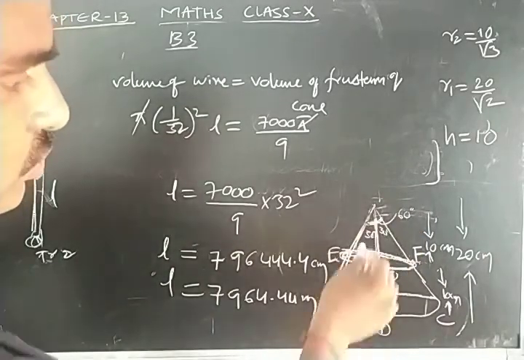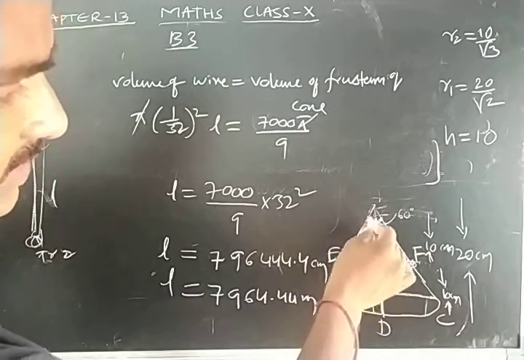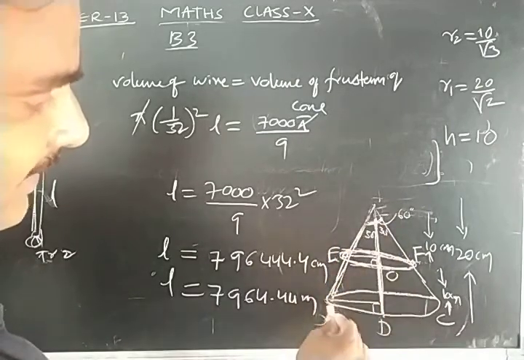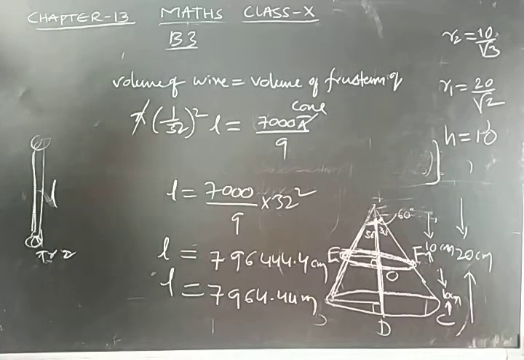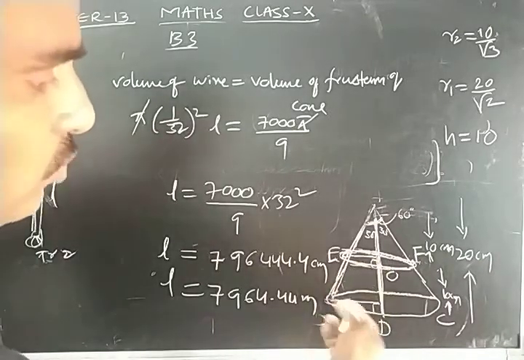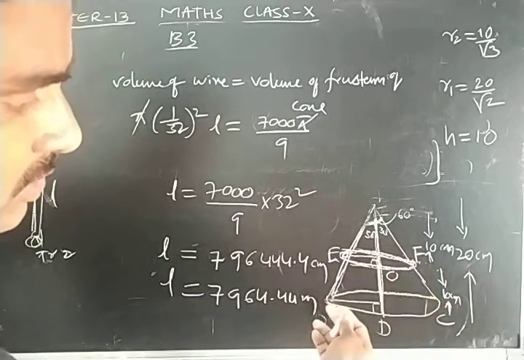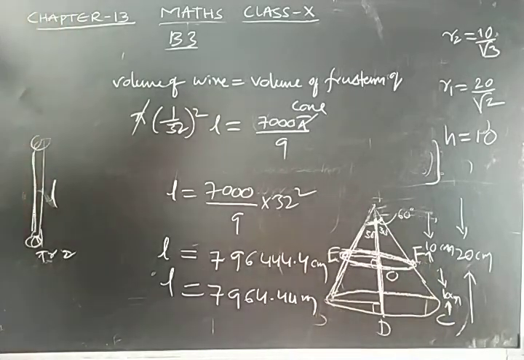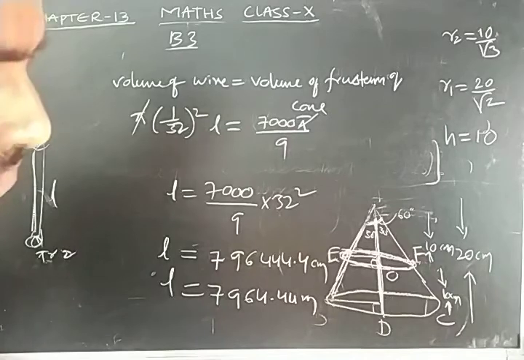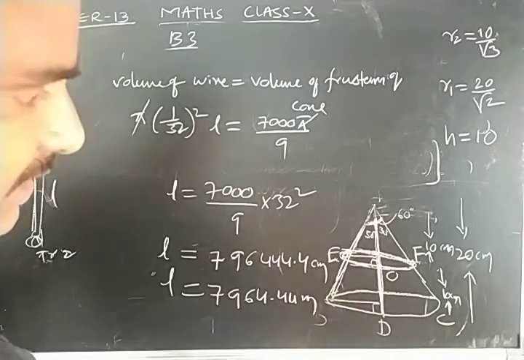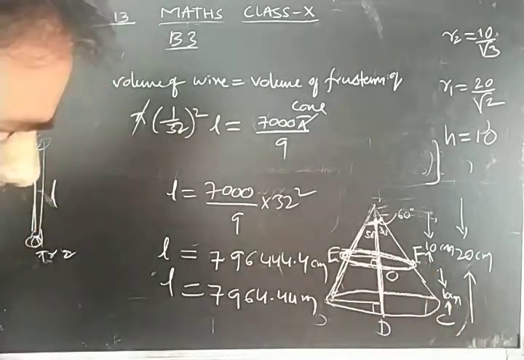Using this 30 degrees, I am finding OE and OD by using tan 30 and the Pythagoras theorem. OE will be R1, the radius of the upper part of the frustum, and R2 will be the lower part of the frustum of the cone. After getting R1 and R2, the height we already found is 10 centimeters.